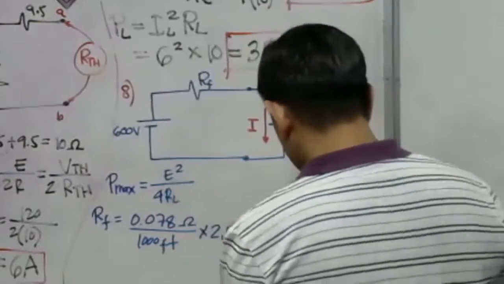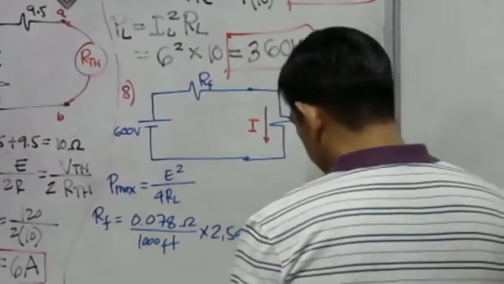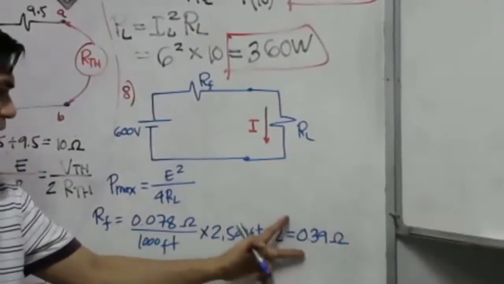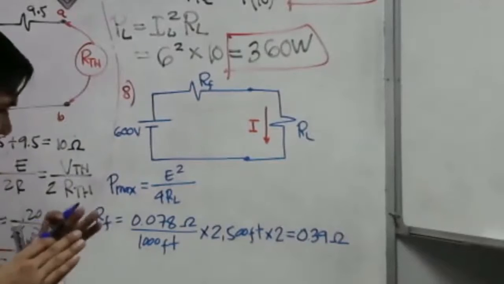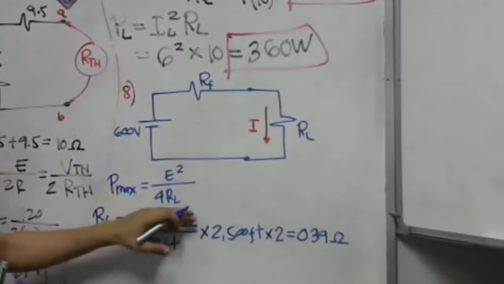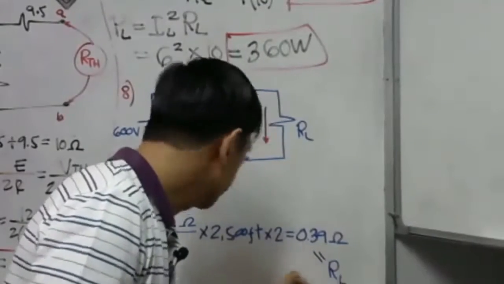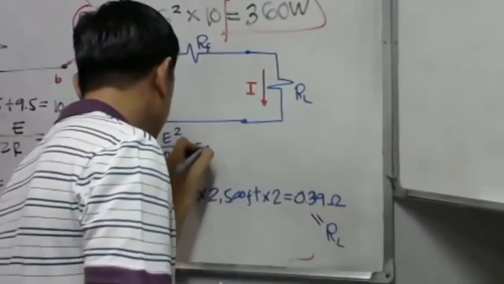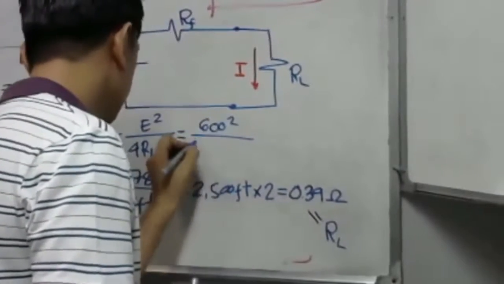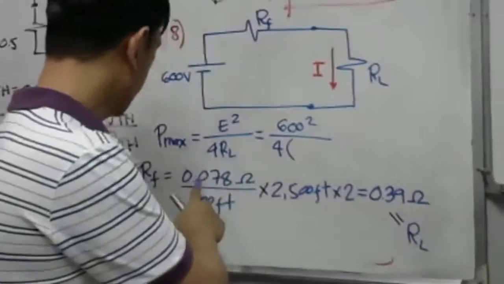That's the answer, 0.39 ohm. So this is the value of our feeder line resistance, 0.39 ohm. And remember, this 0.39 ohm is simply equal to our load resistance. Load resistance. So let us just substitute here. So we have 600 squared, then over 4, then multiplied by what now?